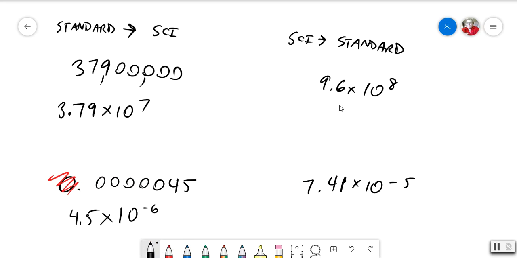Okay, to go the other way, scientific to standard notation, you write your mantissa down, you leave out the decimal, but you go where the decimal would have been, and including any numbers, you put your zeros in. 1, that leaves me 7 places. 2, 3, 4, 5, 6, 7. Then from your right, you go to the left again and put a comma every 3 places. 9.6 times 10 to the 8th power is the same thing as 96 million.